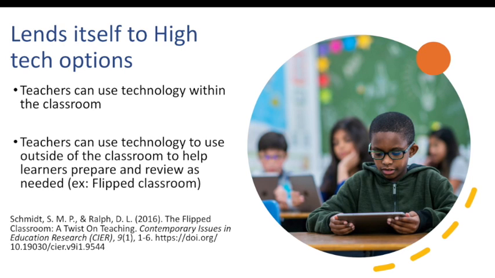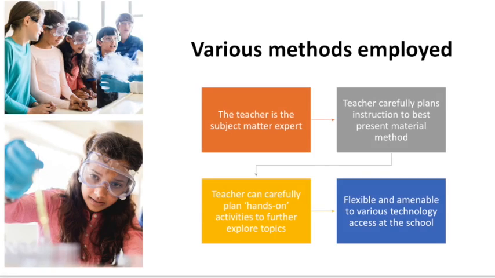On the opposite side of the spectrum, there can also be high-tech options. So let's say in this other scenario, the teacher does have access to technology, the students have access, whether it's at school or at home, and in some way it can be ensured that the students have access.